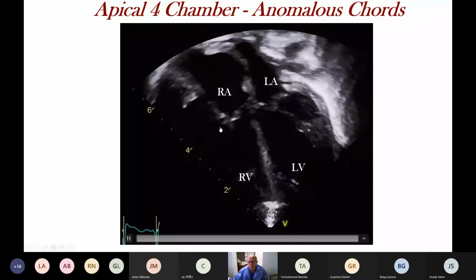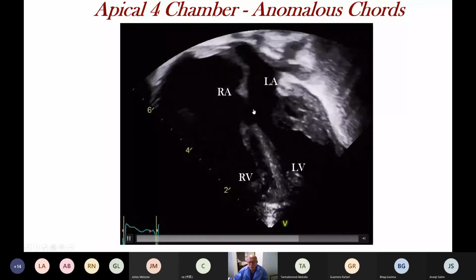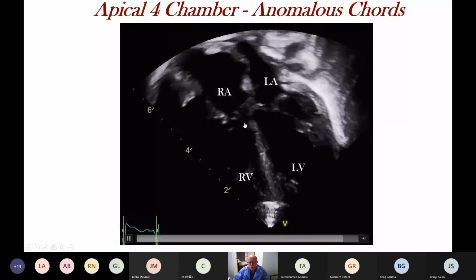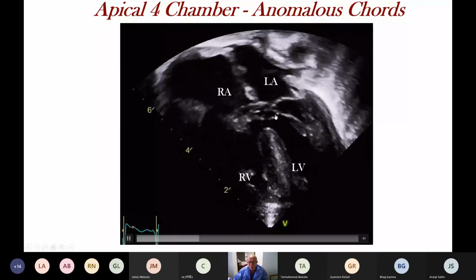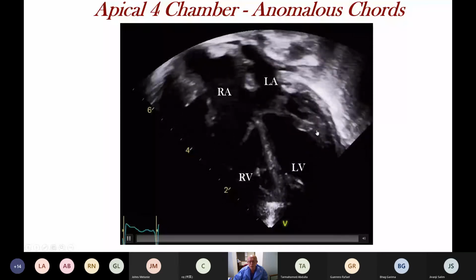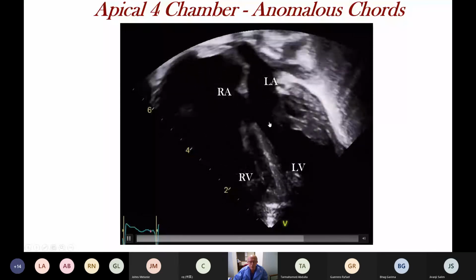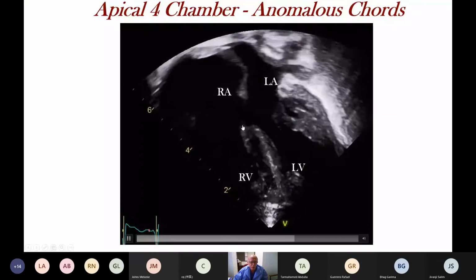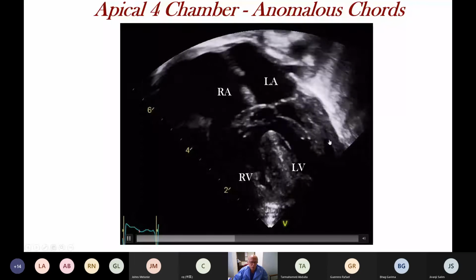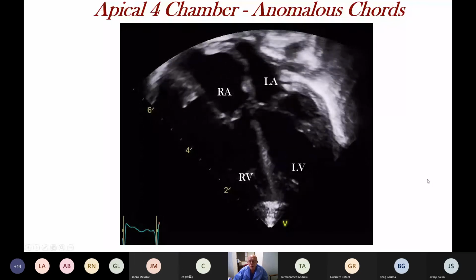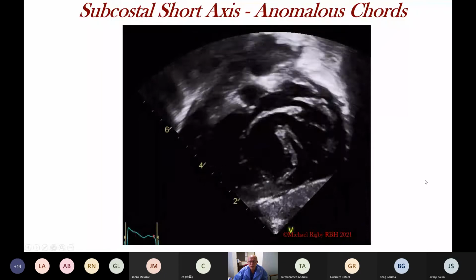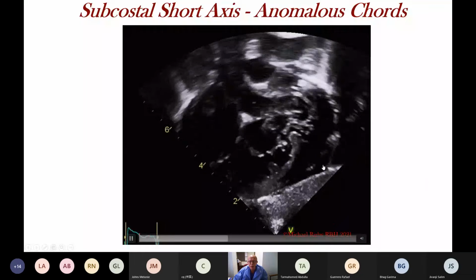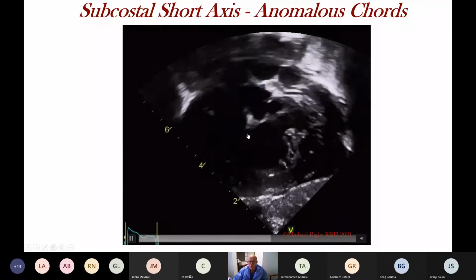at the echo, what you can see here is the superior bridging leaflet, but there's a very strange anomalous chord going across the ventricular component, inserting into the free wall of the left ventricle. And this chord is arising, as it turns out, from the right anterosuperior leaflet. So this is a sort of straddling chord. If we look at, in this same patient, the short axis view through the common AV valve, it's full of chords and anomalous.